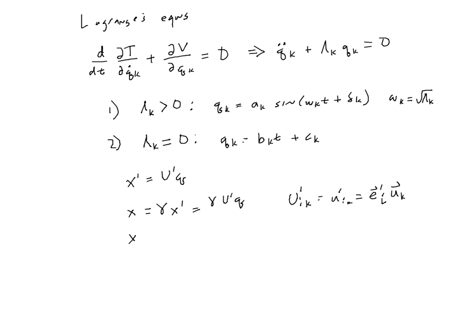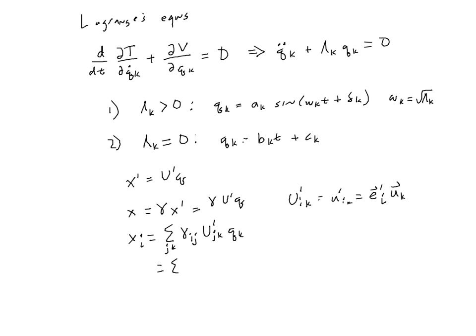And so then x sub i is equal to the sum over j and k of gamma ij u prime jk qk.